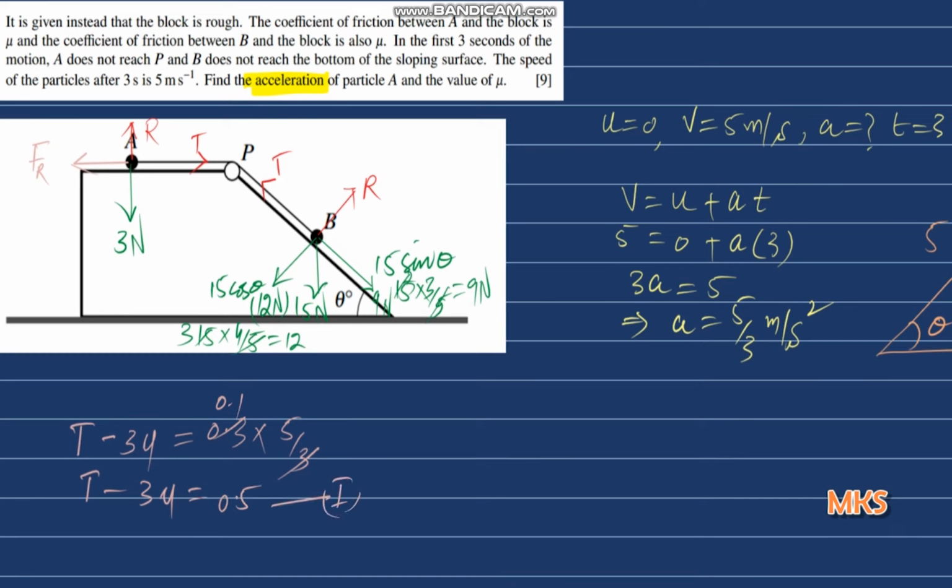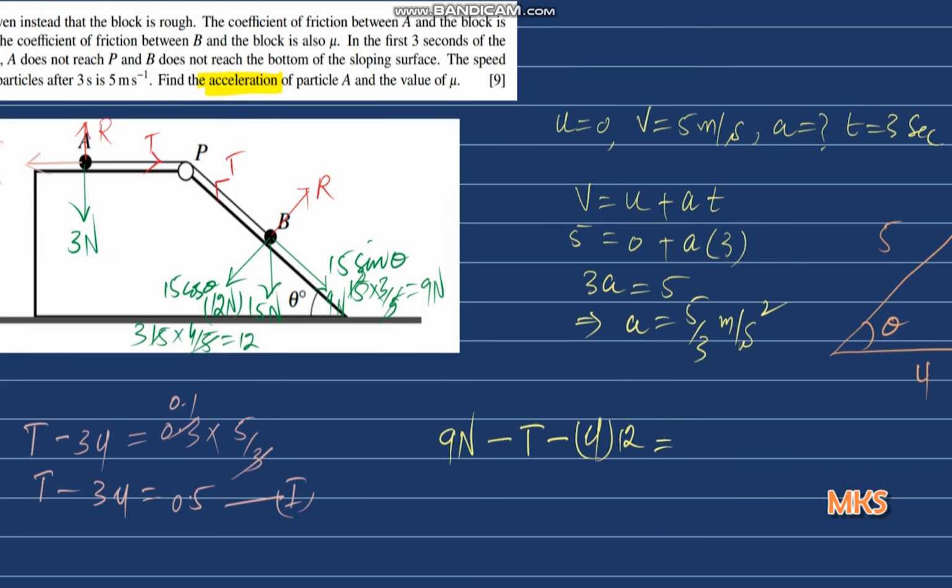For the second equation now, 9 Newton, which is 15 sin theta, or the forward force, minus T and minus mu R. So R is 12 Newton, which is 15 cos theta, and that is equal to ma. m is 1.5 and a is 5 by 3.